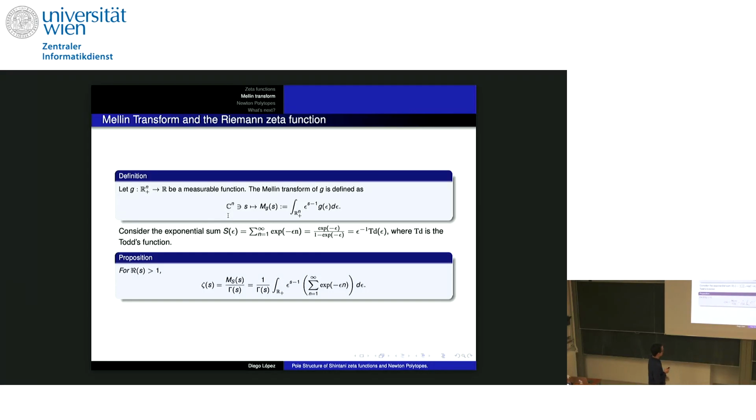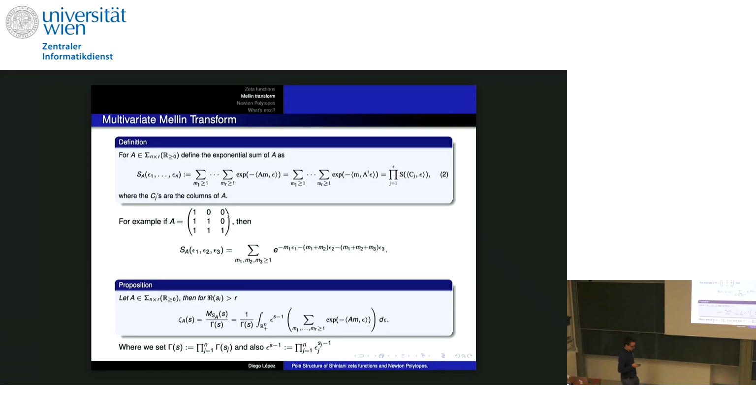So, for instance, consider this exponential sum. It is known that for the usual Riemann zeta function, the Mellin transform of this sum we have here is equal to the Riemann zeta function times gamma of s. So it is a known result.